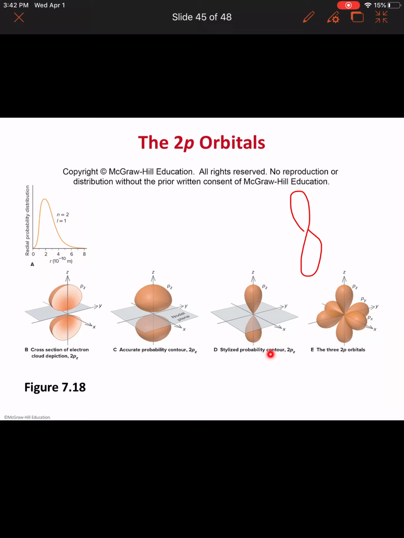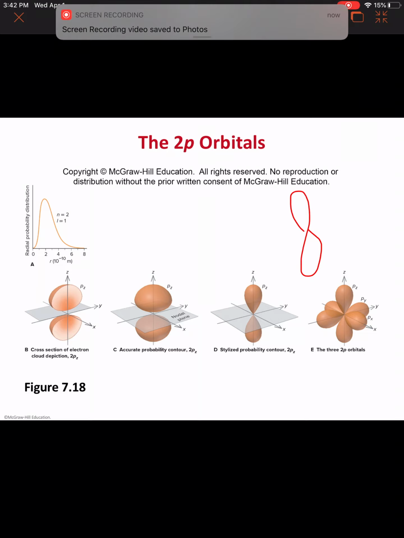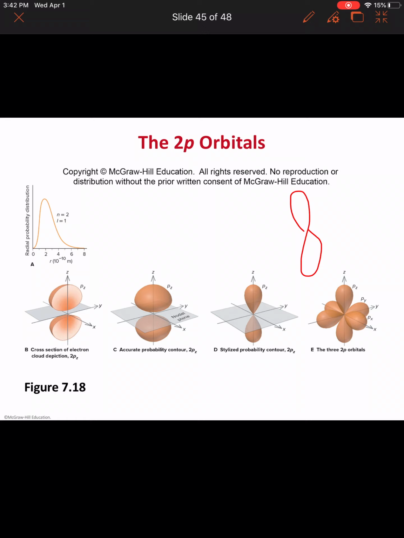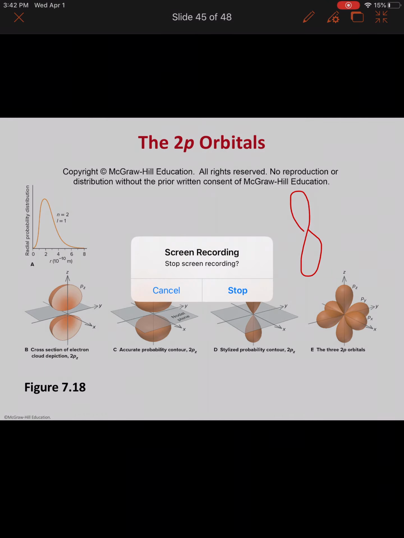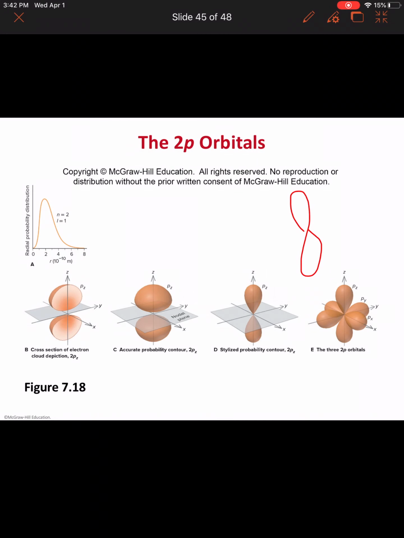Okay, so how many p orbitals are possible? There are 3 p orbitals possible, remember, because it has 3 ML values. So what are the possible 3 values? You can have minus 1, 0, plus 1.